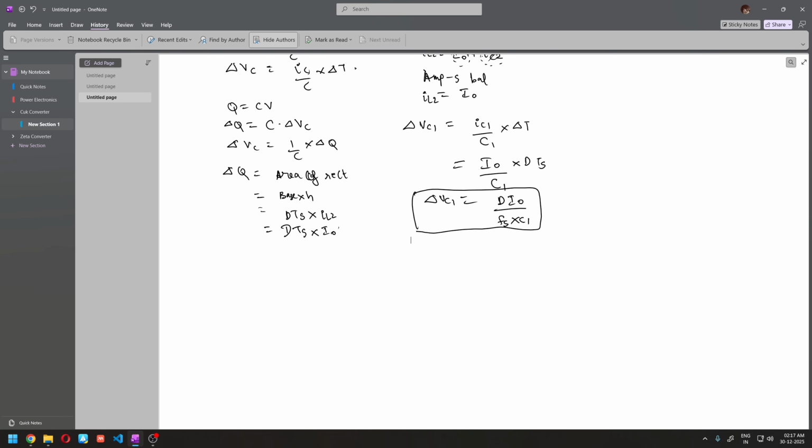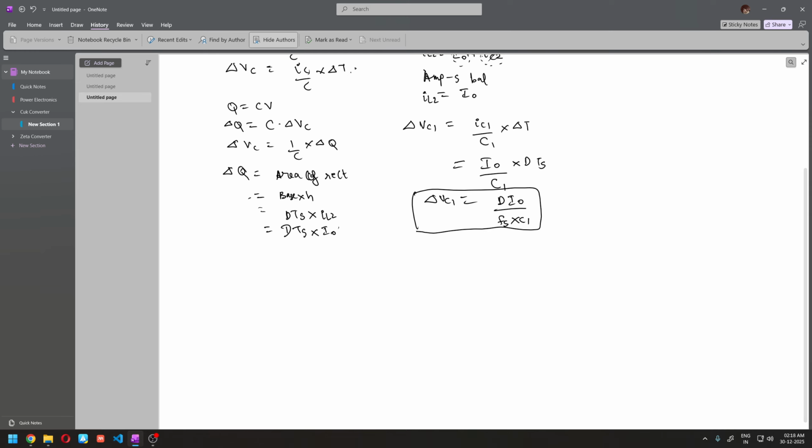If you're thinking why I derived this, the charge one, you could again substitute it here: delta Vc equal to this same IC, which is basically your output current, divided by C1 into this. Sorry, that is basically the older one.